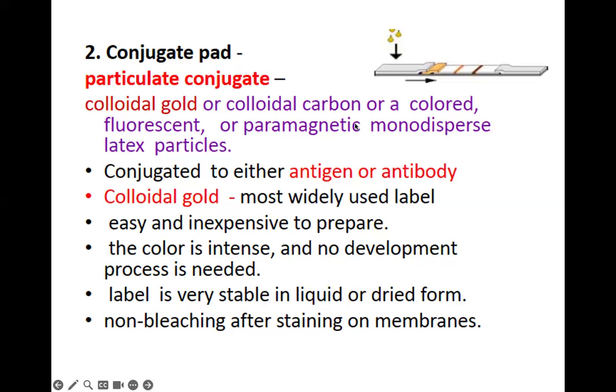Based on our experience, the biggest cost of lateral flow actually goes to the antibody. The gold nanoparticle, because we prepare it in our own lab, is not that expensive.